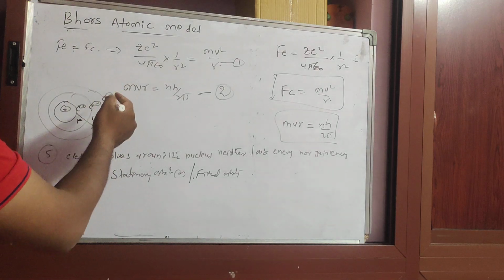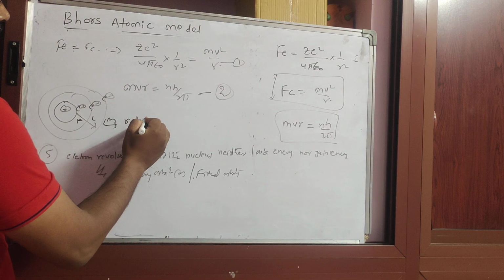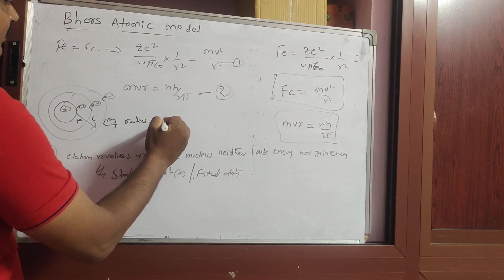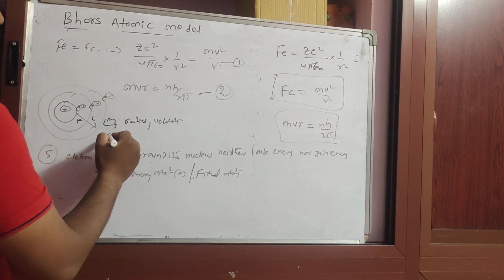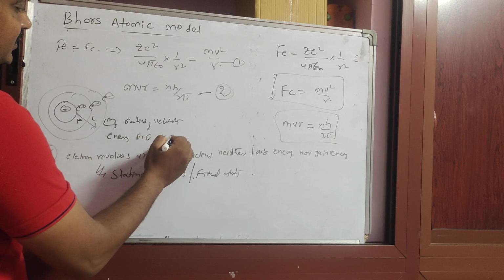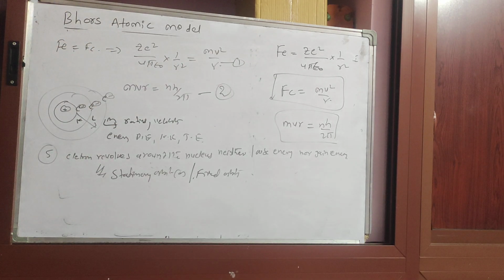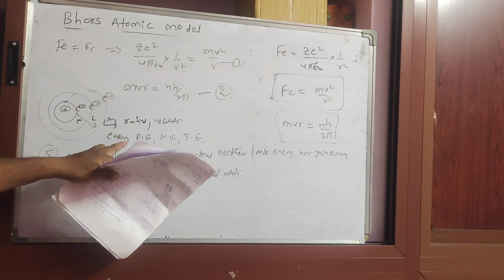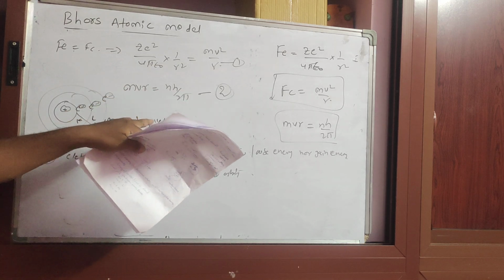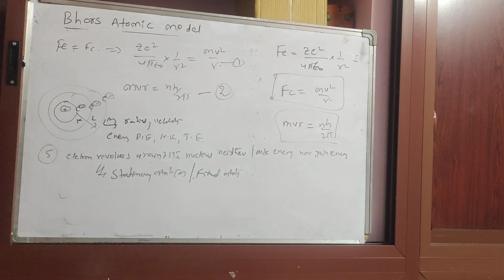For these stationary orbits, we can find out the radius, velocity, and also the energy: potential energy, kinetic energy, and total energy. By using the above mathematical formulas, you can identify the radius of the electron, the velocity, the potential energy, kinetic energy, and total energy.